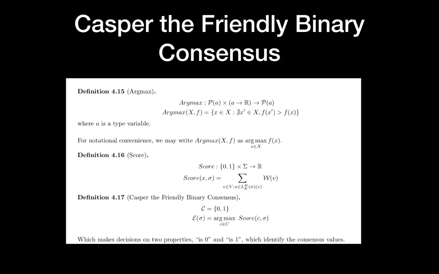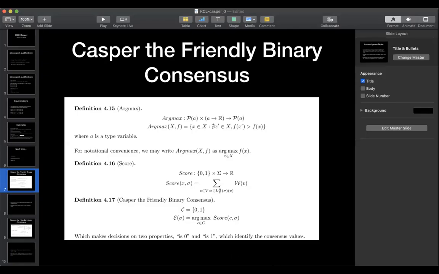Should we switch to you, Isaac? Sure. Yeah, you want me to go through binary consensus? Do you want to do the drawing again? Sure, yeah, we can do a drawing. I can share my screen since I already kind of made a drawing.